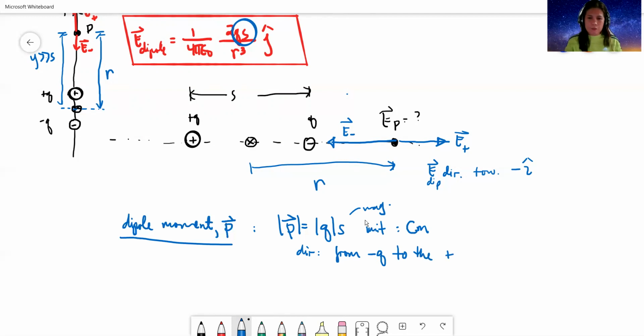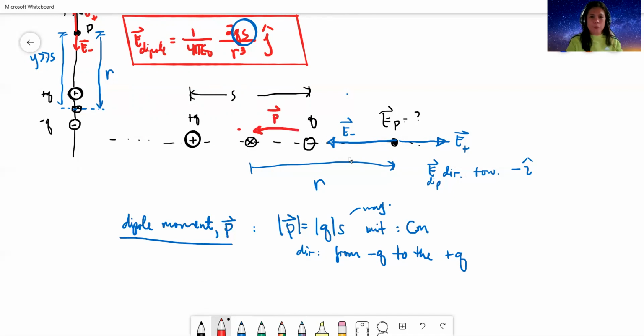So say for example, we have this dipole here in the x-axis. If we know the Q and the separation, you get the dipole moment magnitude, and then the direction is along the axis, going from negative to positive.